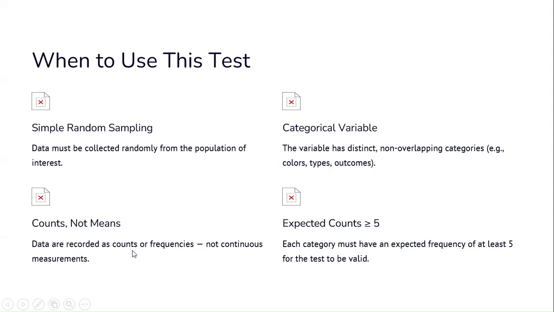Third, the data must be in the form of counts or frequencies, not averages or continuous measurements. Finally, each expected frequency should be at least 5 to ensure validity of the chi-square approximation.